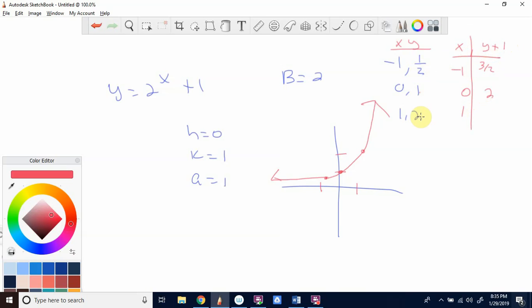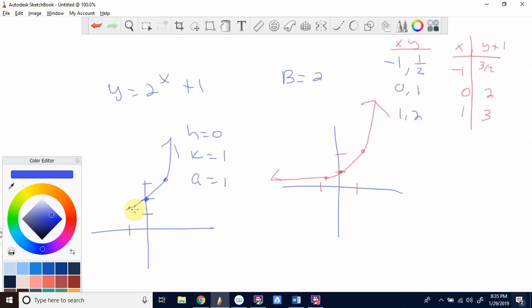And 1 plus 1 is 2, and 2 plus 1 is 3. So our new graph is going to be negative 1 comma 1.5, 0 comma 2, and 1 comma 3.